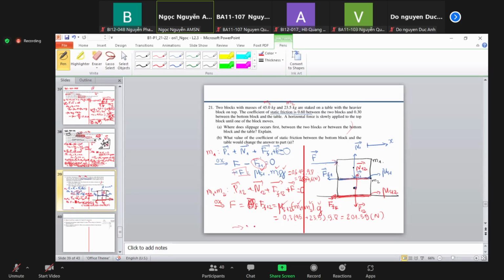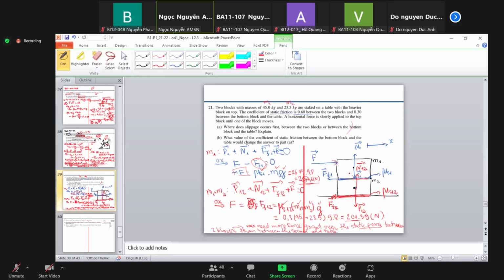It means we need more force, higher than this, okay, to get over the static force between two blocks, then between the second block and the table.